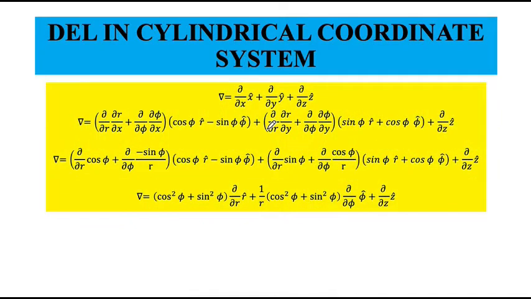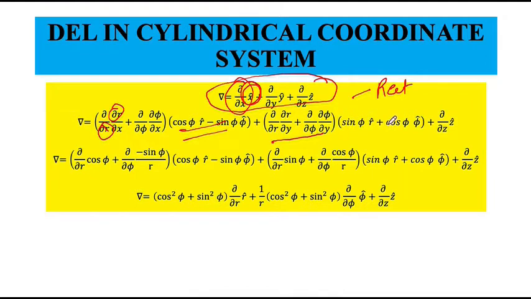Okay, so this is my del operator formula in the rectangular system. So I will put the value of partial differentiation of x, which we have multiplied with r and r. Okay, and then we have put the value of the x unit vector. Similarly for partial differentiation for y, and then again we will put the value of the y unit vector, and the same for z.